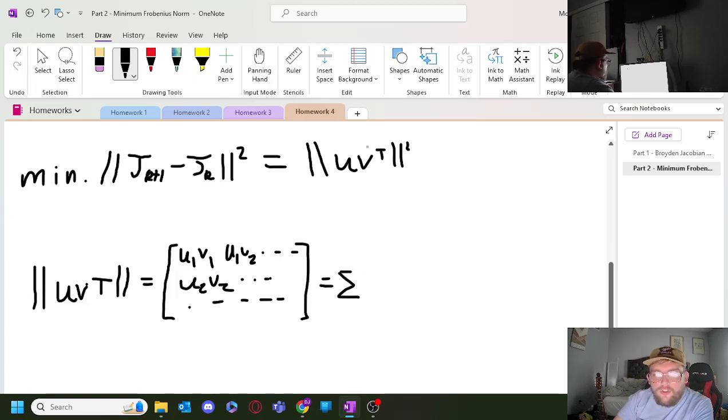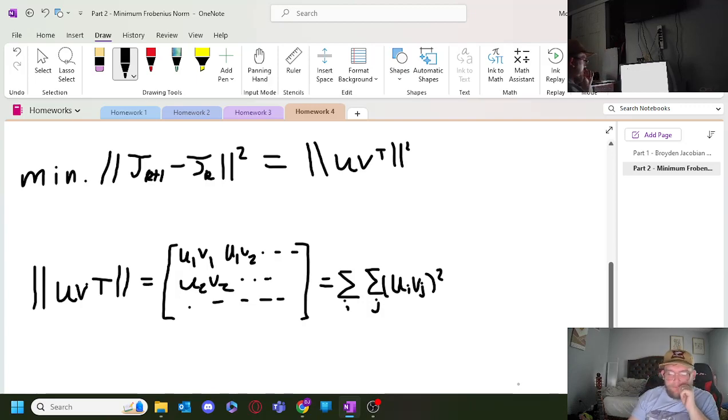When we want to take the norm of that, that turns into a summation where you add u1 v1 plus u1 v2 plus u1 v3, and so on. So it's actually a double summation, where you have your i's and your j's, for u i v j. And since it's a norm, that's getting squared. So that's where we stand right now.